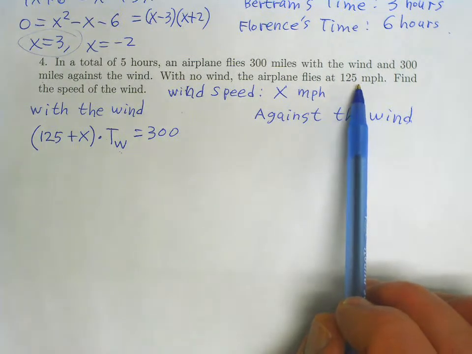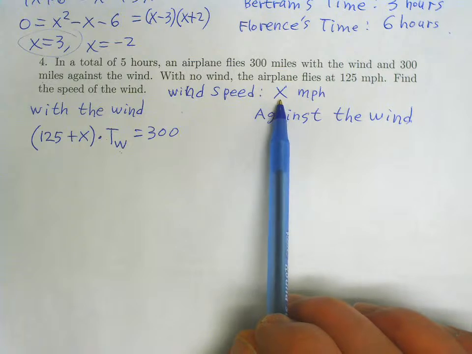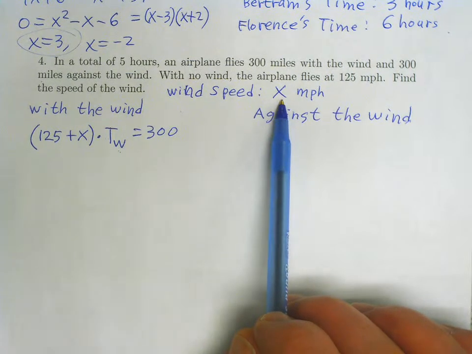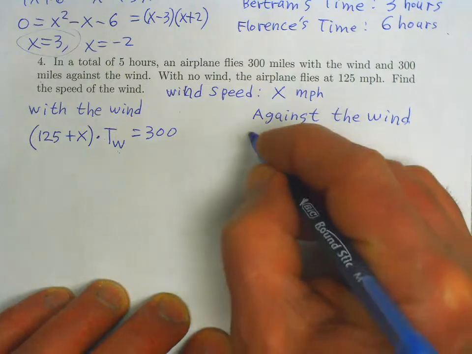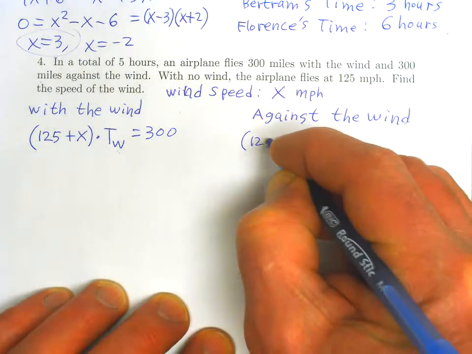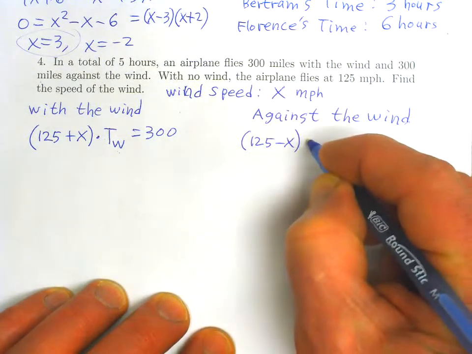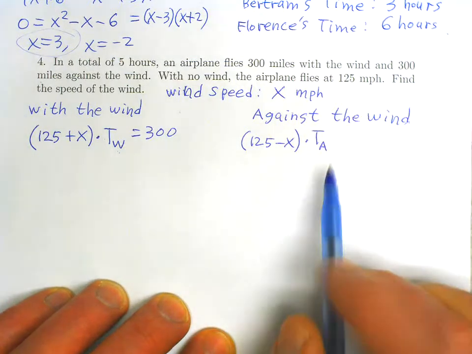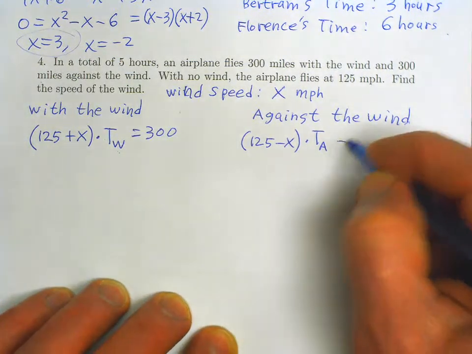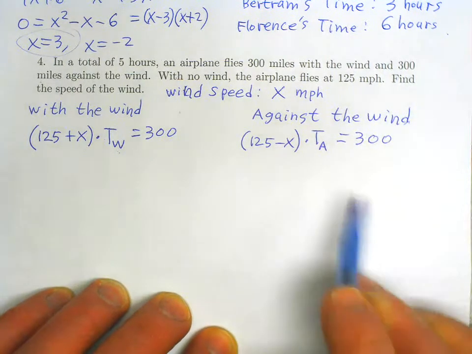It will be going slower by whatever the wind speed is, and we're using x to represent the wind speed. So against the wind, the airplane is flying at 125 minus x miles per hour. And I'll write t sub a for the amount of time it takes to fly 300 miles against the wind.